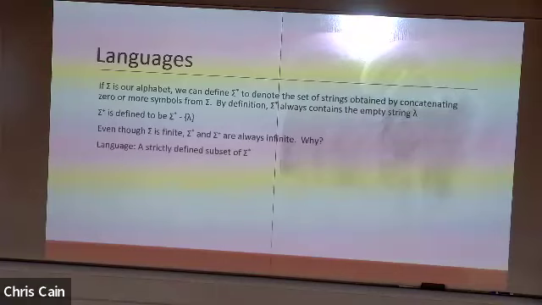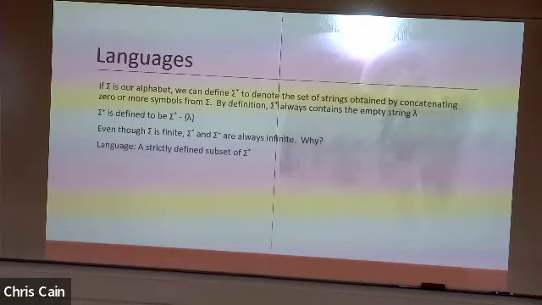So now we can define a language. We defined an alphabet and we defined strings on that alphabet, but a language is going to be some subset of sigma star, because usually we don't want to represent every possible string. If, for instance, English is a language, but not every possible set of allowable characters in the alphabet produces something that has meaning in English.